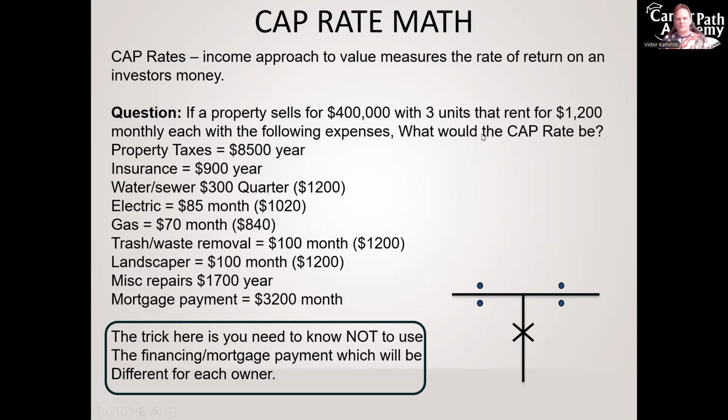Well, what's the first step we have to do? What figure do we need to put in the T formula? Do we have any numbers that we can put in?